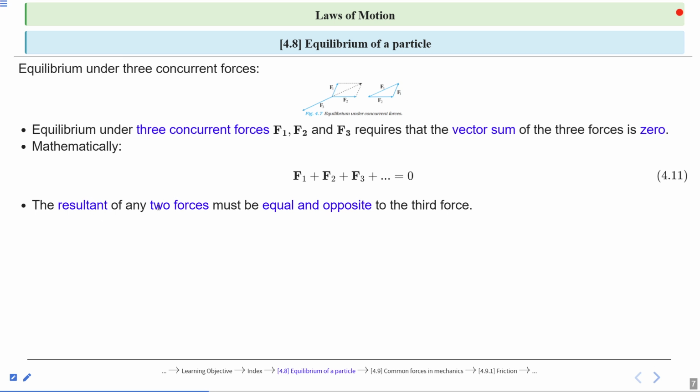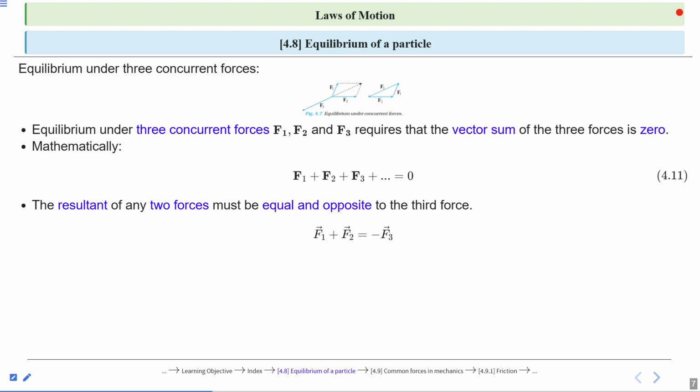The resultant of any two forces must be equal and opposite to the third force. It means, suppose we have two forces F1 and F2. In that case, the resultant of the two forces must be equal and opposite to the third force. Let's see. Suppose we have three forces F1, F2, F3, and according to the equilibrium condition, the net force on a particle should be 0.